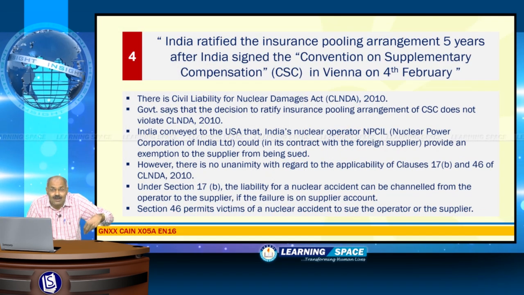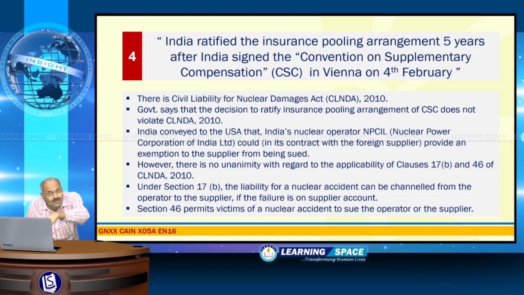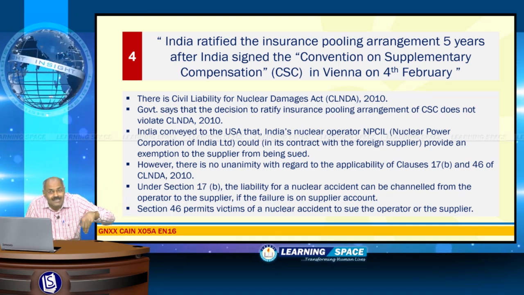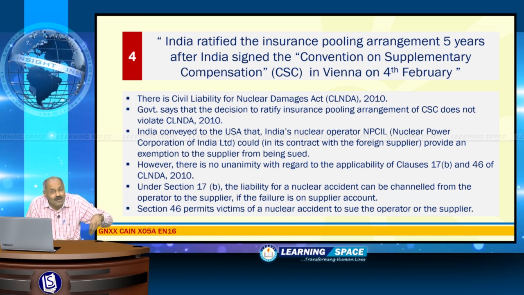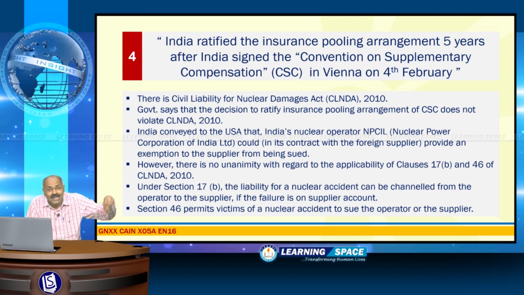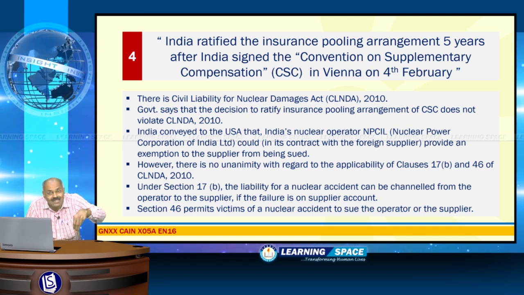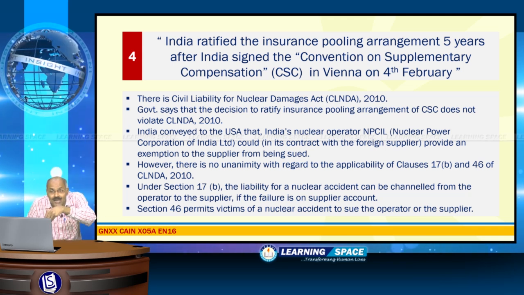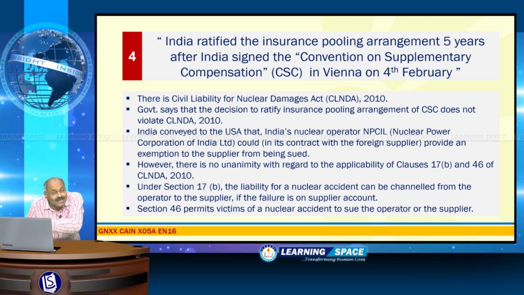So, the damage lies on supplier account, which foreign firms are objecting for so many years. And at the same time, as per this act, as per CLNDA 2010, section 46 says that the victims of nuclear accident can sue the operator or the supplier.